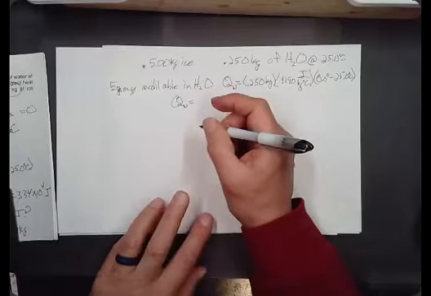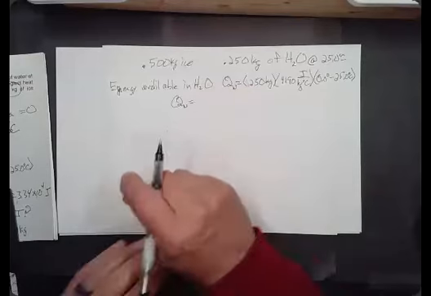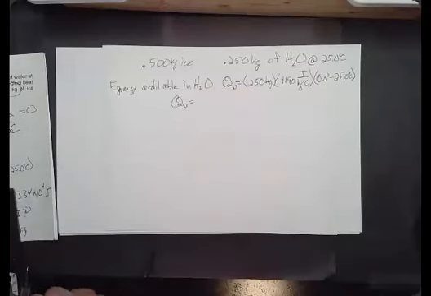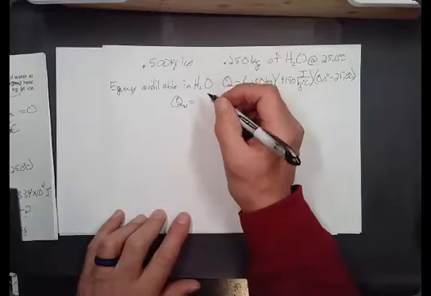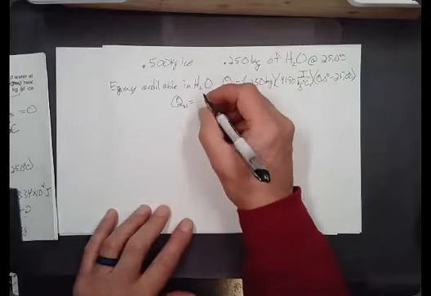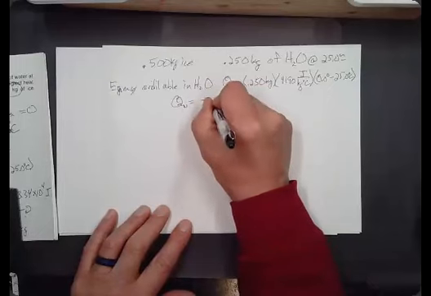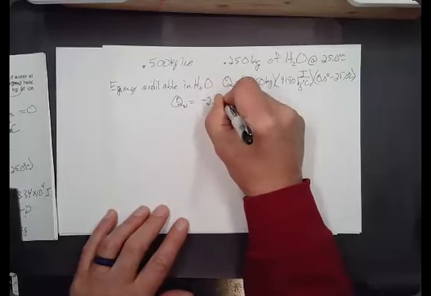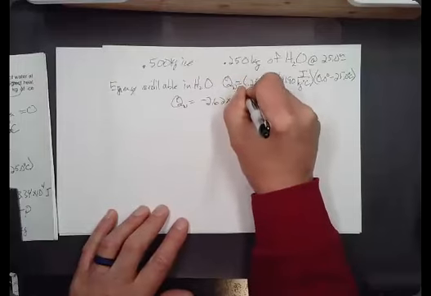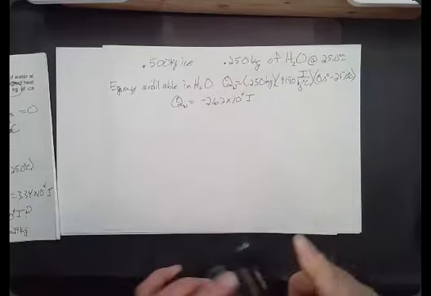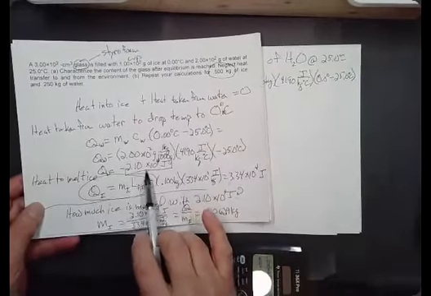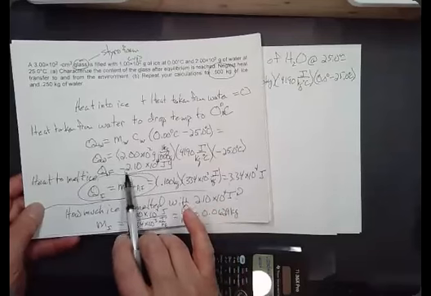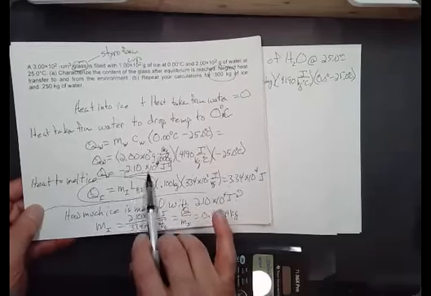For some reason, I put in 0.25 degrees instead of 25 degrees, so I was only off by a factor of 100. But I get minus 2.62 times 10 to the 4th joules that the water will give up, which looks to me like 20% greater than what we had the first time.